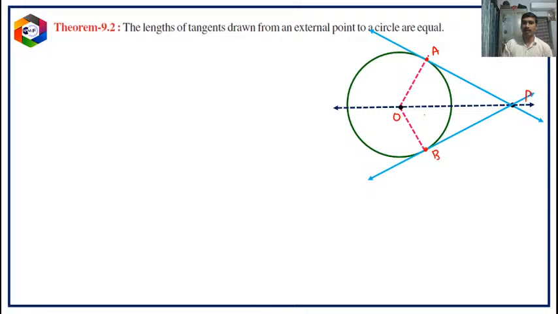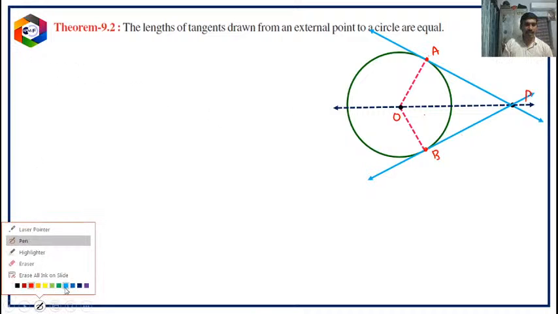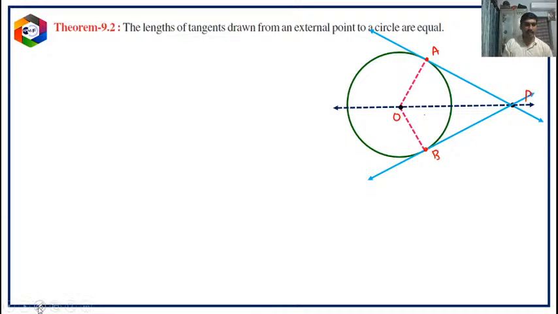Okay children, now let us write the steps here. The first, let us try to write the given data first. What is given in the question first? O is the center of the circle and P is the external point.